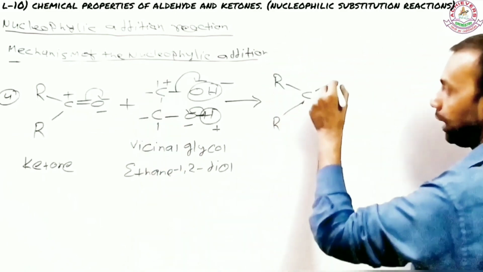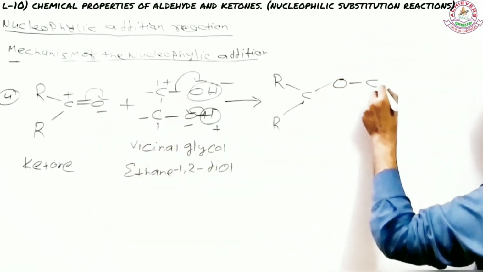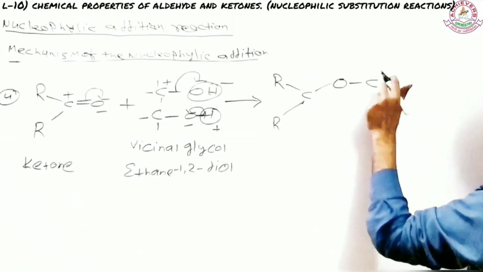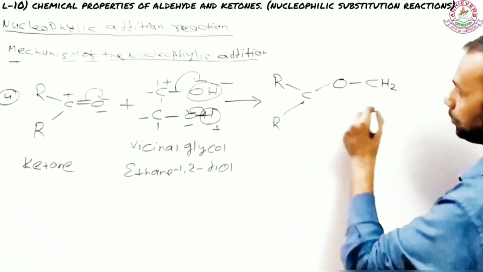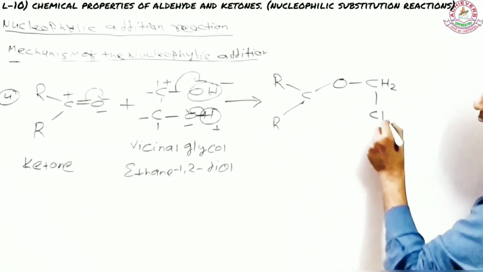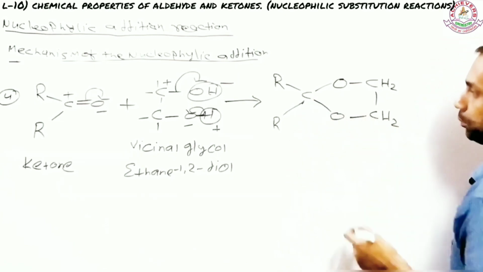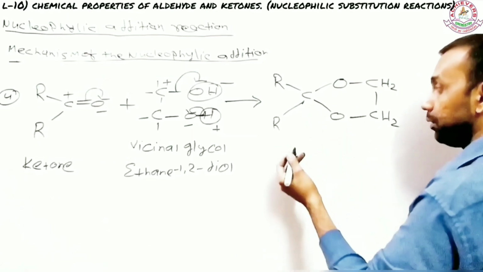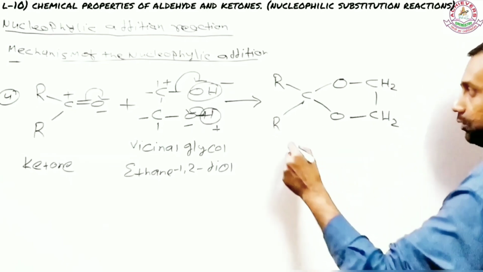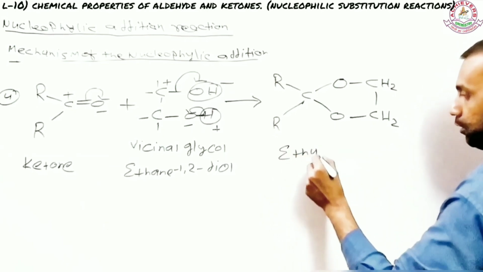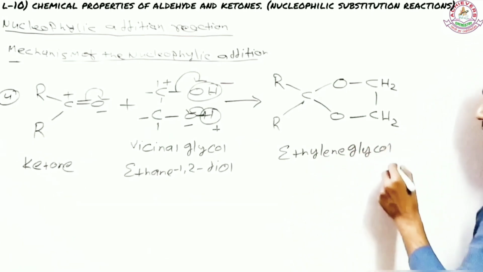So what I will do, I will attach this oxygen with the carbon, and this has a CH2. And on the other one, you have again a CH2. This will again react with the carbon. This compound is called ethylene glycol ketone.